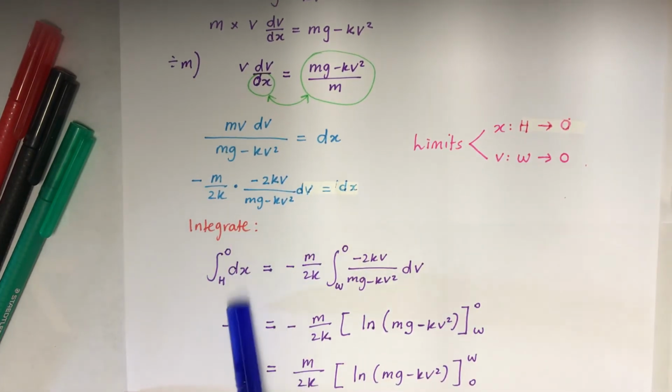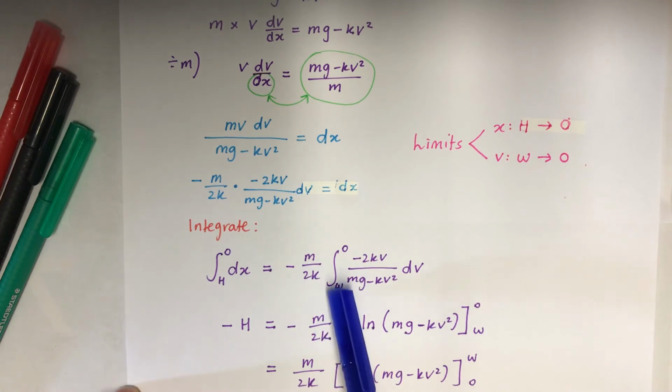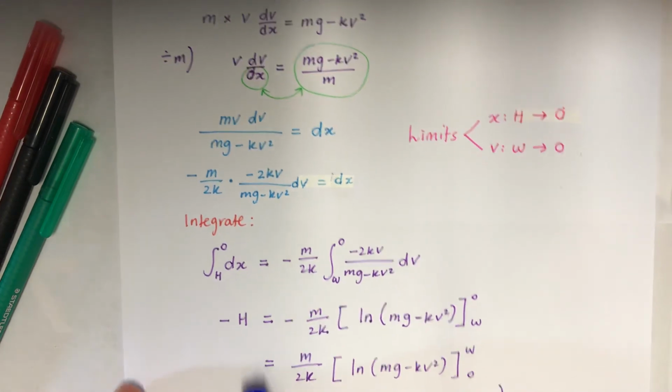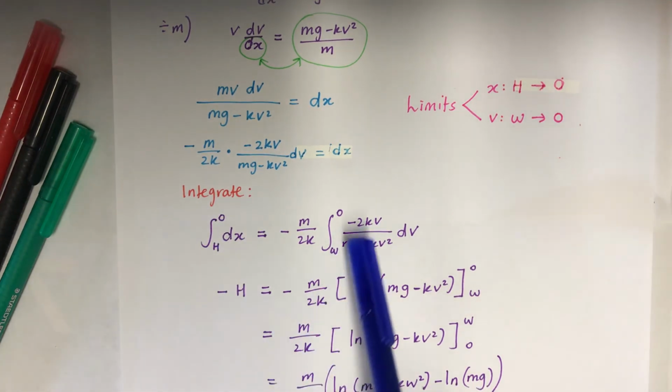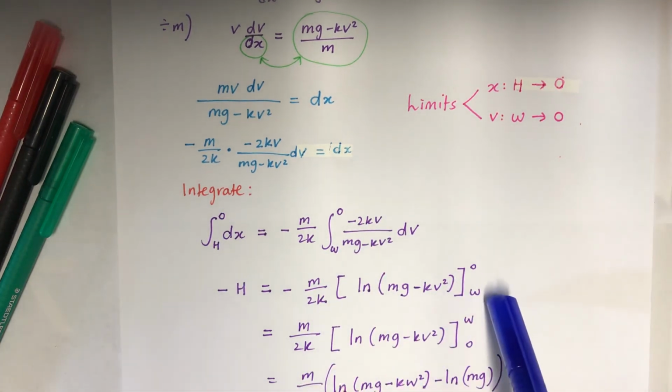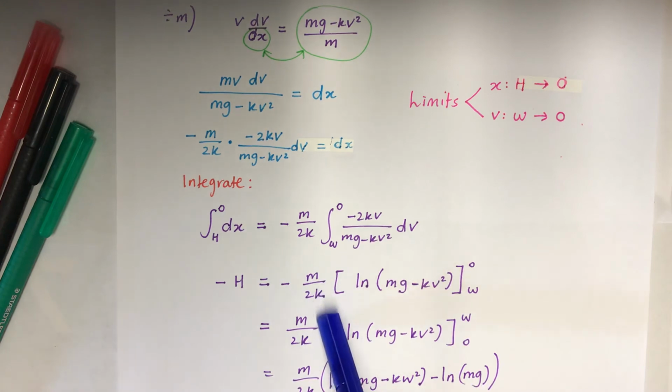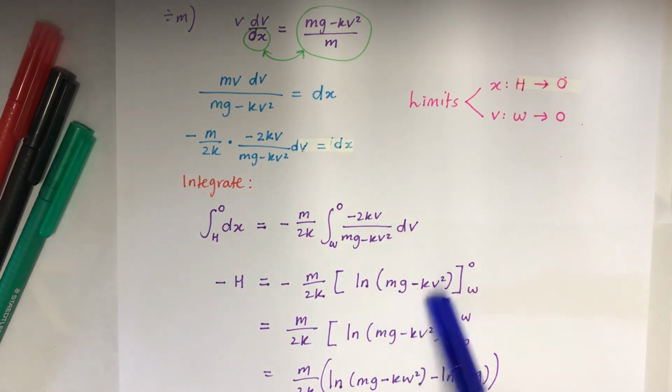So I'm going to integrate there, and my integration is h to 0, and then w to 0. Okay, so that becomes minus h because it's a 0 minus h, and then I will go minus m over k ln of mg minus kv squared.